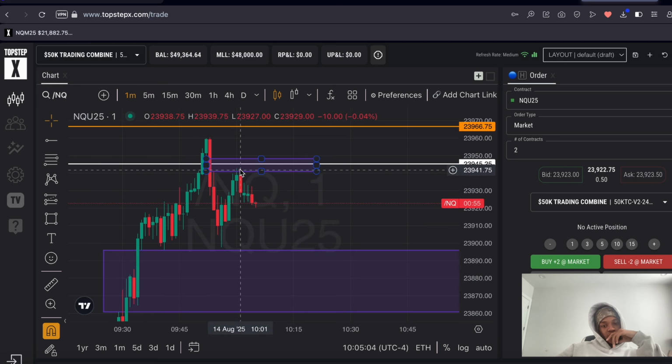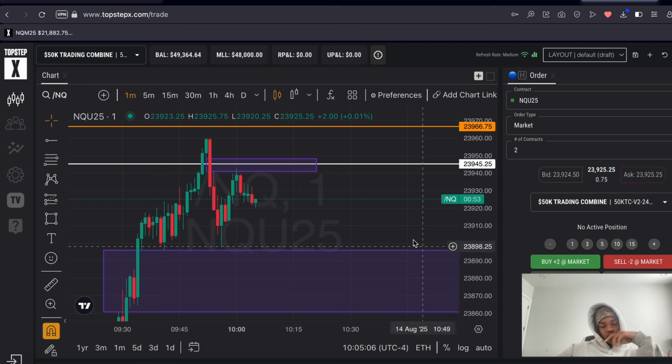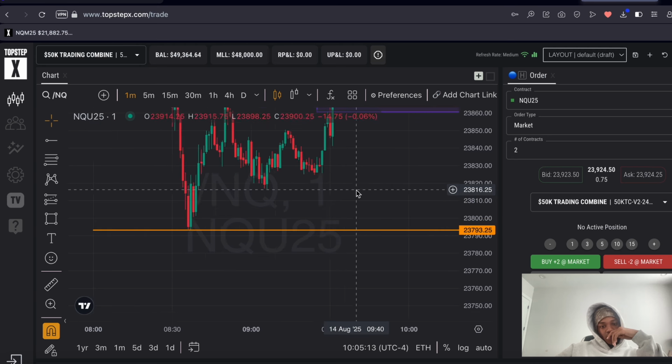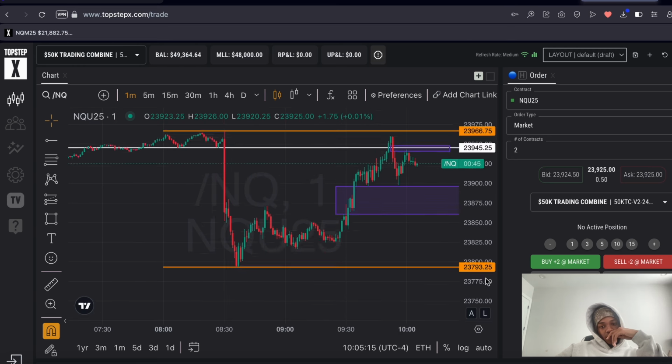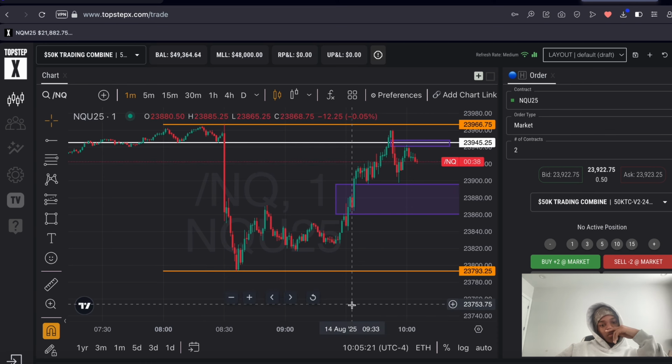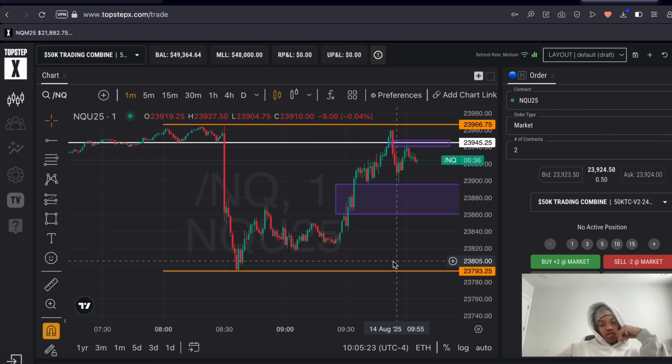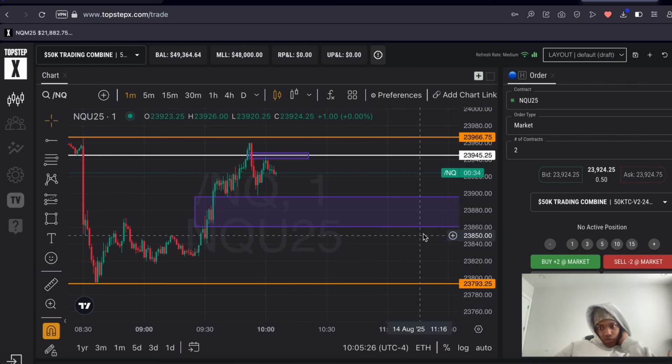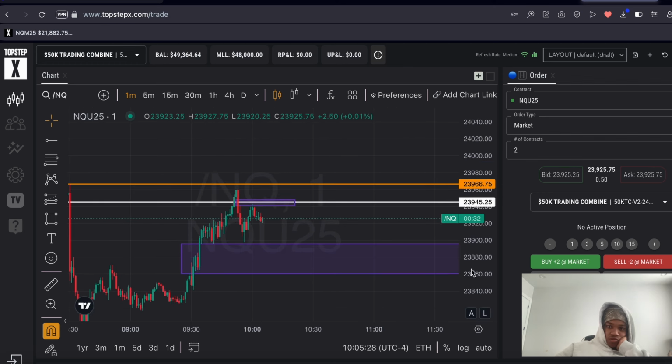Yeah, I'm pretty sure this whole trading idea is over, because I don't think price is coming back up there, especially with all of that thing we had just already got filled in. So I don't think we're gonna get that same kind of movement, to be real with you.